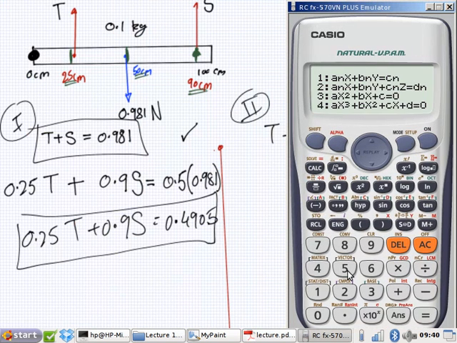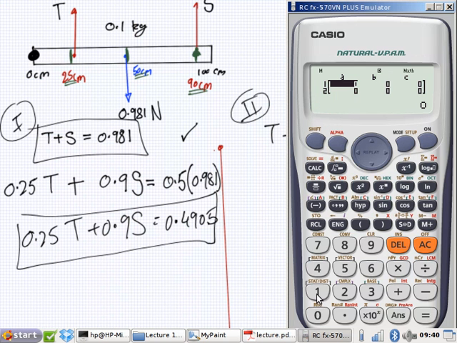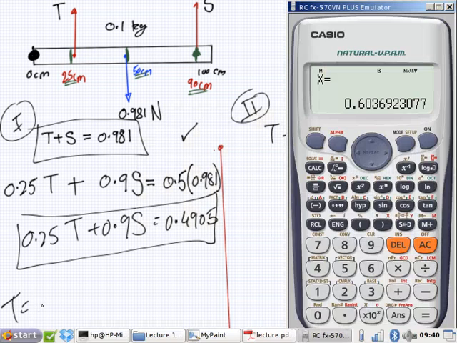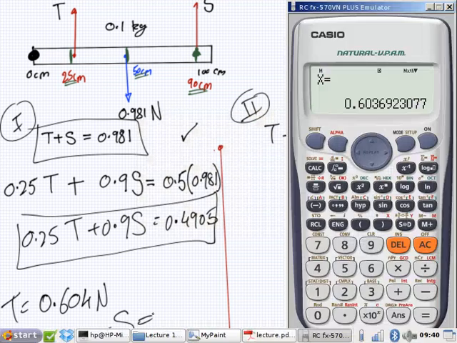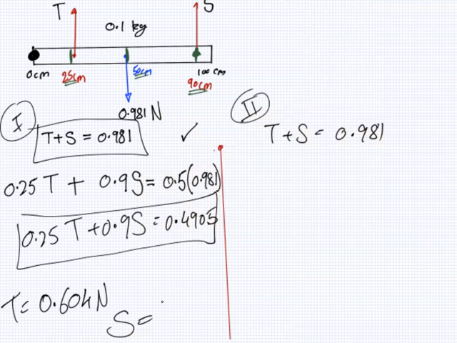Mode 5 1. It's great being lazy. Okay. T is this, and S is this.